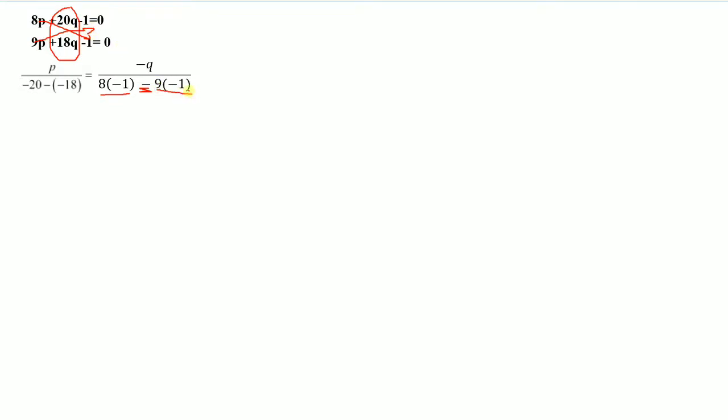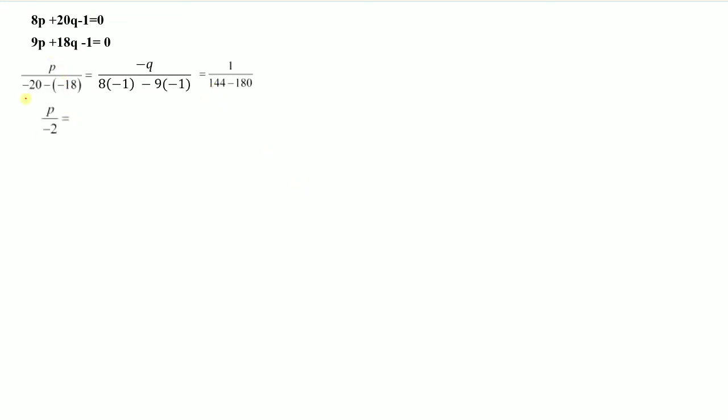Then the rest is equals to 1 upon, so we will leave the constant term now: 1 upon 8 into 18, which is 144, and this minus again is by default coming from down towards up, so it is 9 into 20, 180. So I hope it is clear up to here.